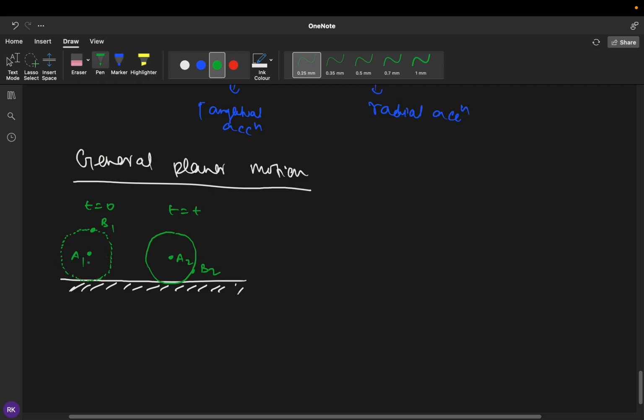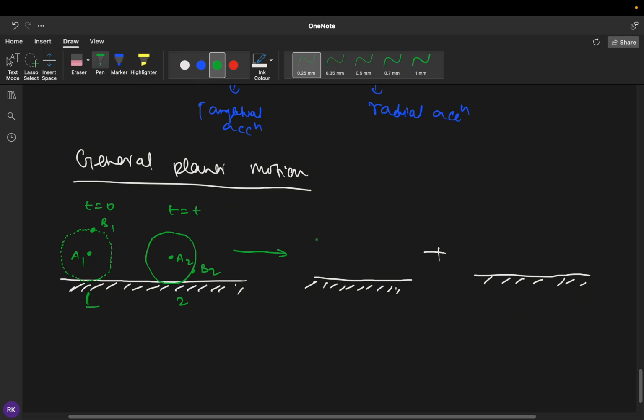So you can see that this roller has moved from this point to this point. Then whatever the change in the orientation is, it is the superposition of two types of motion.